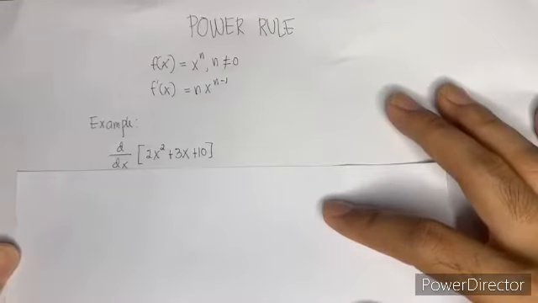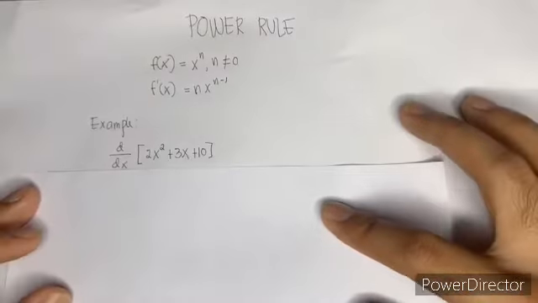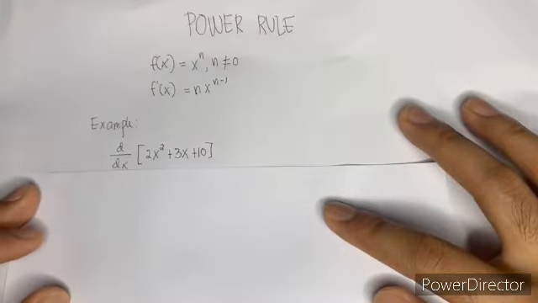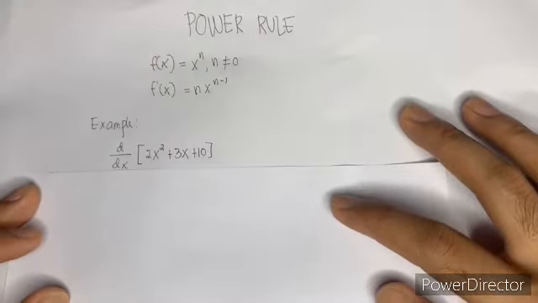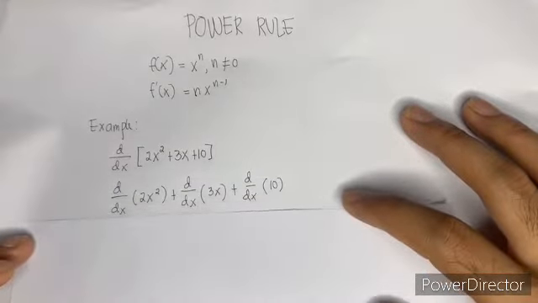For example, derivative with respect to x, 2x squared plus 3x plus 10. So, dito, gagamitin natin ang power rule kagaya ng ginawa natin kanina sa ating unang example sa constant rule. So, ito, separate natin sila using the derivative.